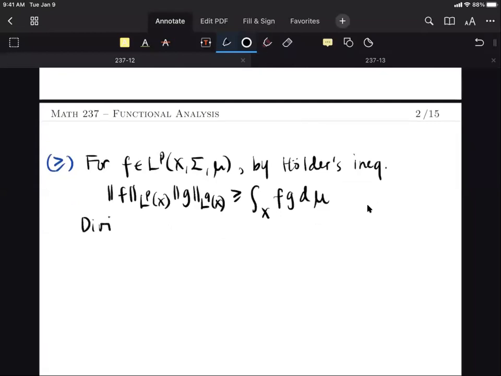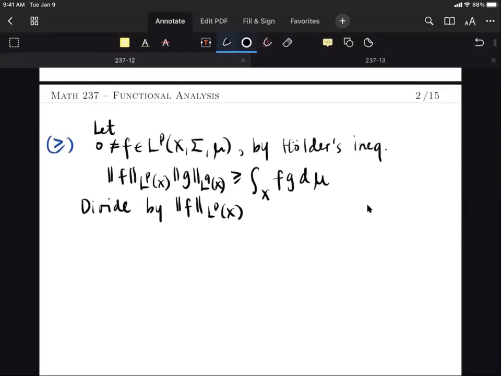Then you divide by the LP norm of f. Let us say that f is non-zero, so that this is possible.